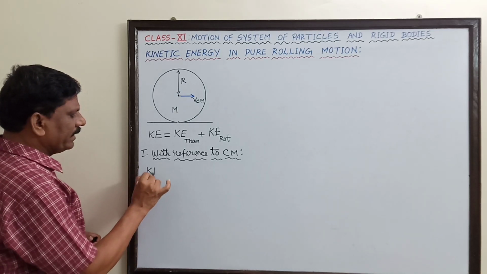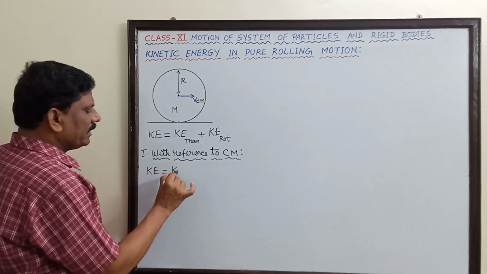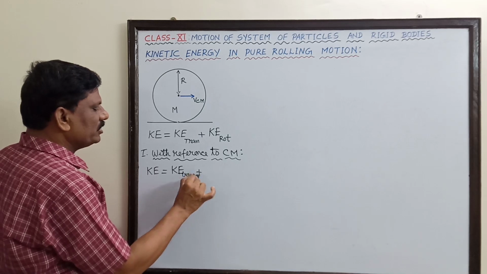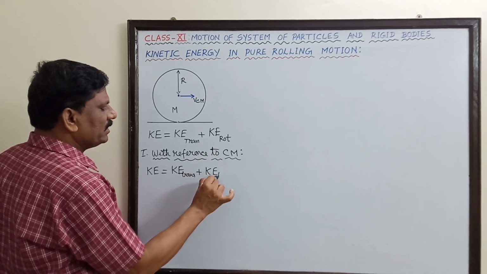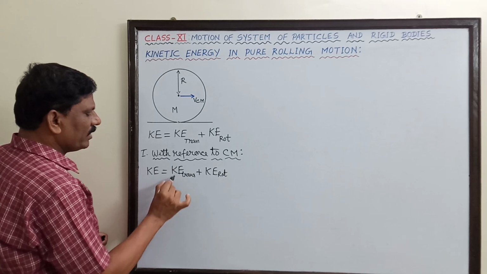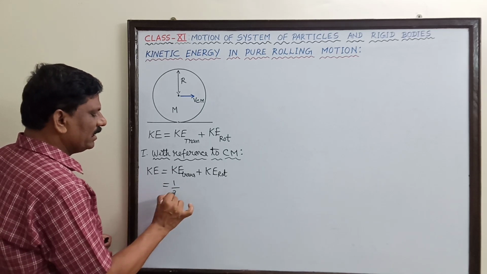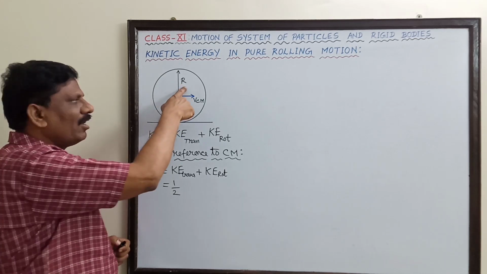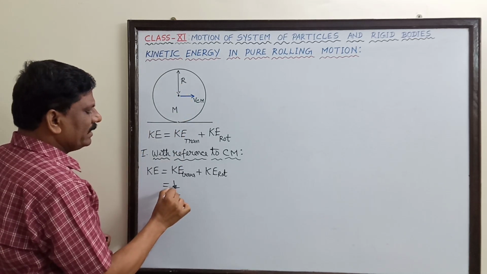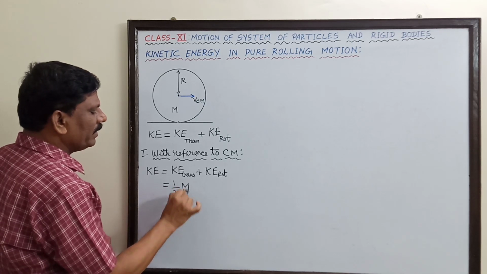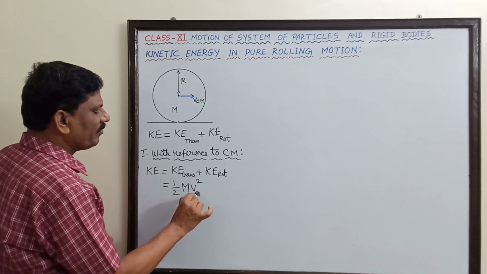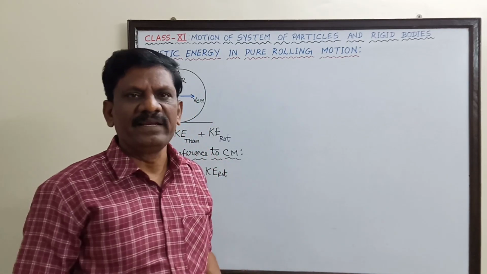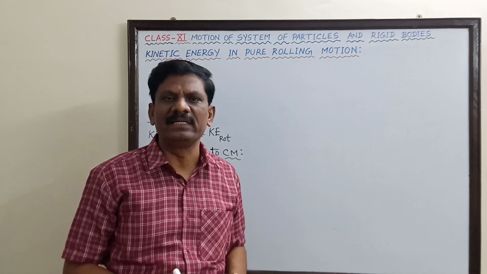So the total kinetic energy is equal to the translational kinetic energy plus kinetic energy of rotation. If the body has a mass M and its radius is r, the translational kinetic energy is half into m into v square center of mass, because all the particles have translatory motion as well as rotational motion, is it not?